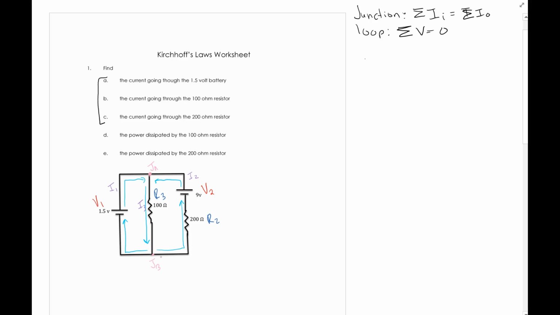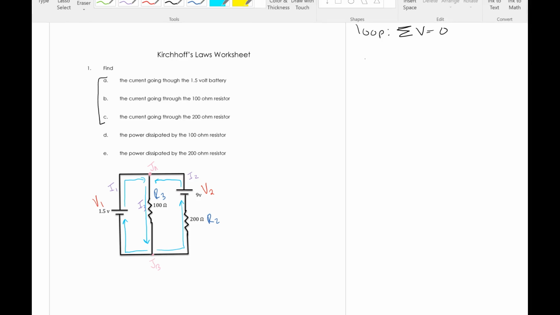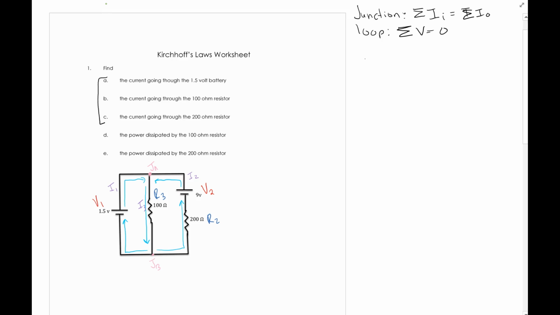Then, one last thing we get to pick is what our loops are going to be. We get to pick how we're looking at loops, as long as it is one closed loop and we come back to where we start.